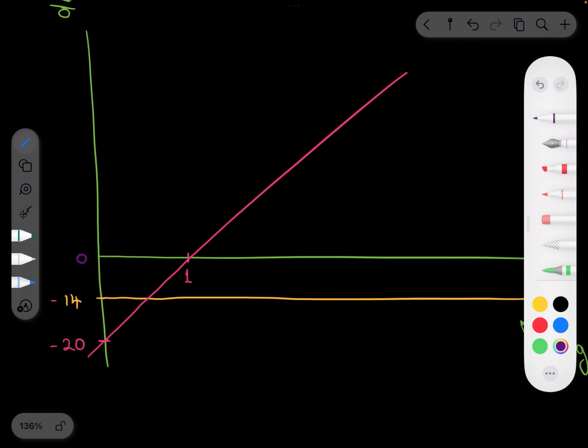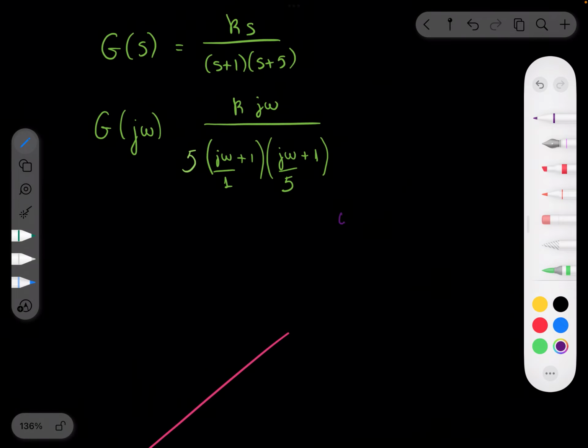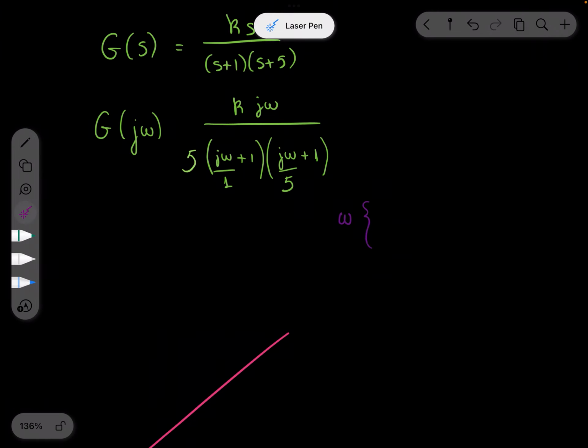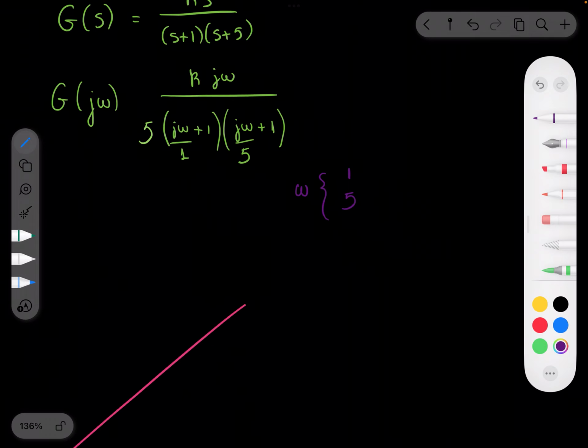And what happens to them? We need to find corner frequencies, so values of W. In this case, our corner frequencies, we said, are going to be the values by which we are dividing J omega. So your corner frequencies are 1 and 5. Why do we need corner frequencies? Because these are going to tell you when you have a slope that's coming in on your plot.